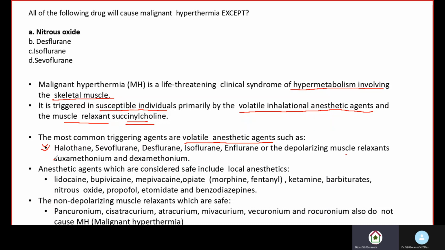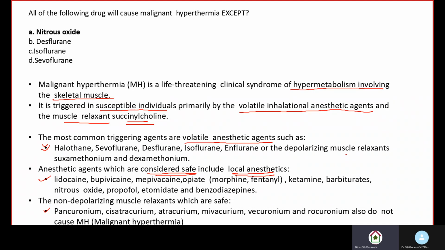Anesthetic agents that are considered safe include local anesthetics like lidocaine, bupivacaine, mepivacaine, opiates, ketamine, barbiturates, nitrous oxide, propofol, etomidate, and benzodiazepines. Non-depolarizing muscle relaxants which are safe are pancuronium, cisatracurium, atracurium, mivacurium, vecuronium, rocuronium.